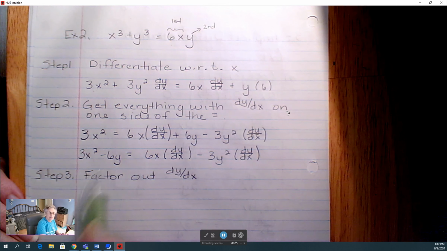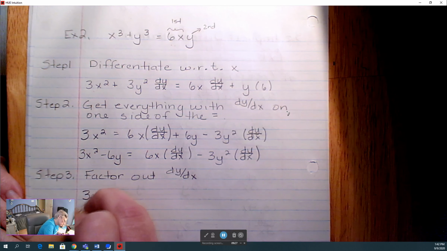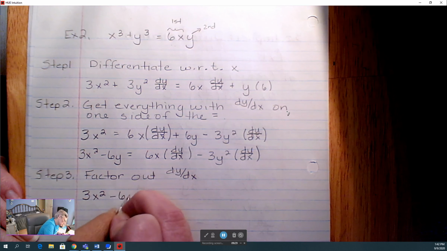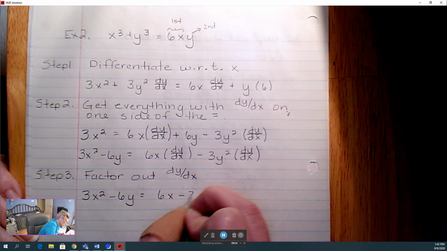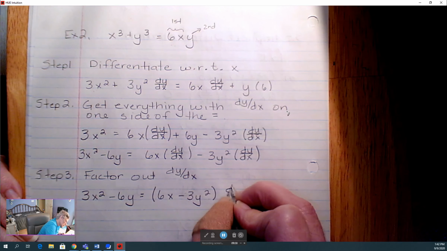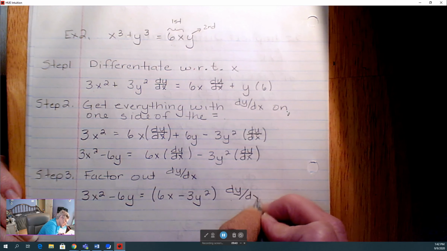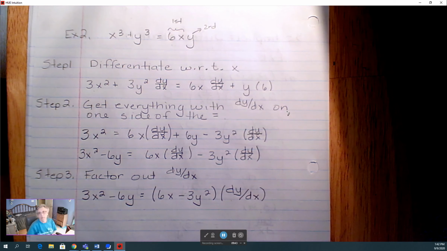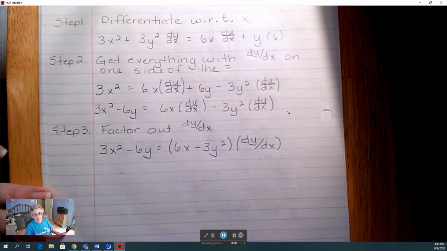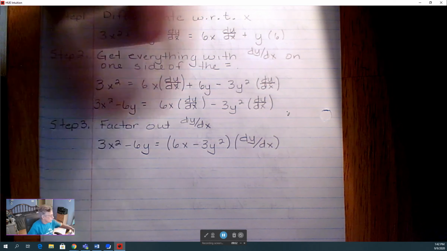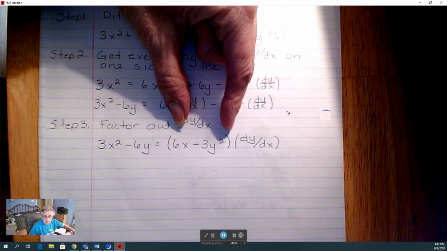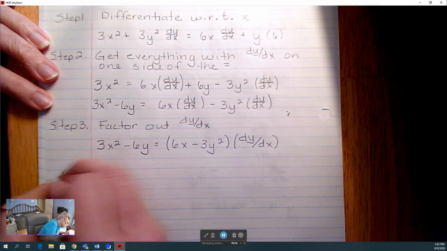So, left-hand side stays the same. And I factor out a dy dx. Almost there. Divide both sides by whatever is sitting next to dy dx.